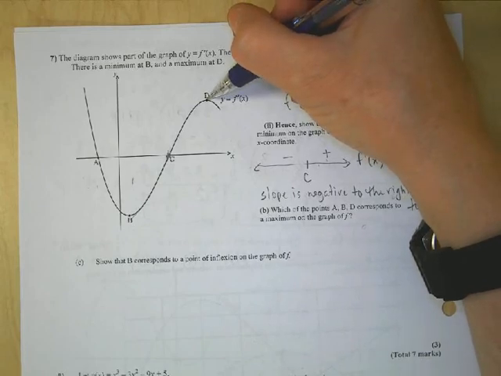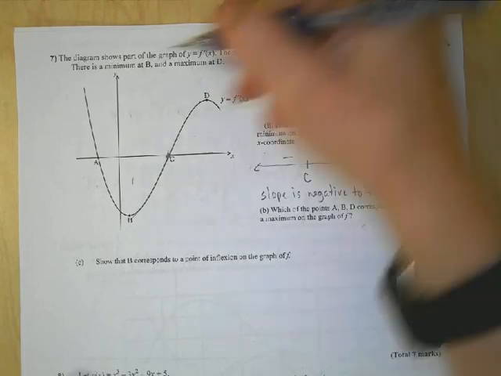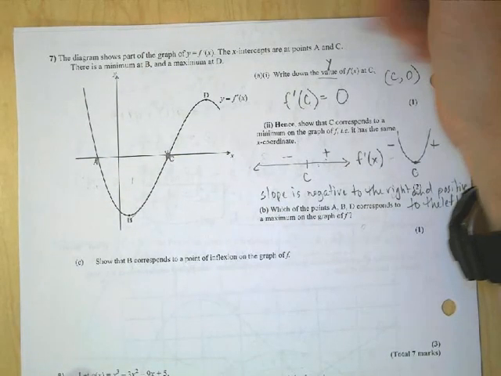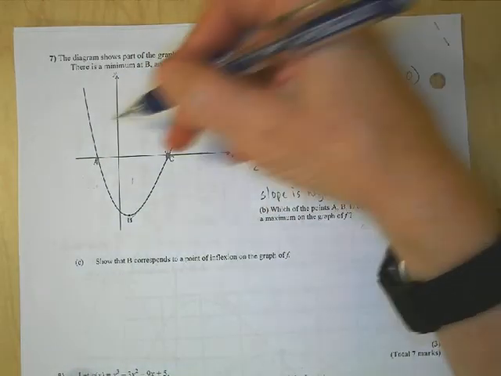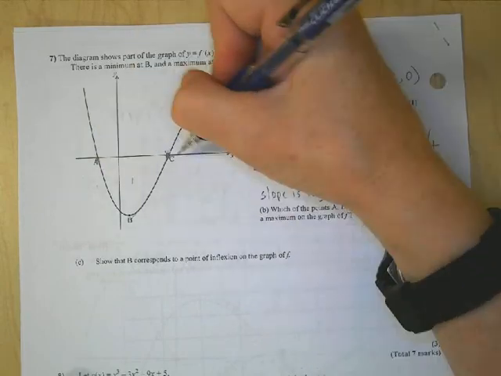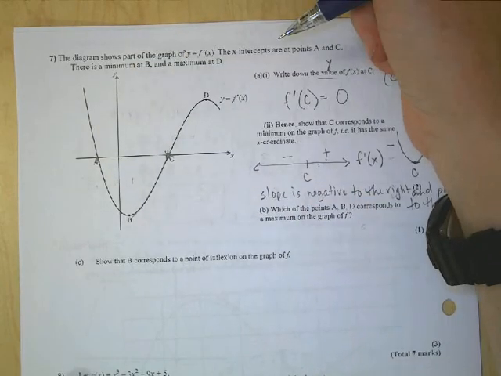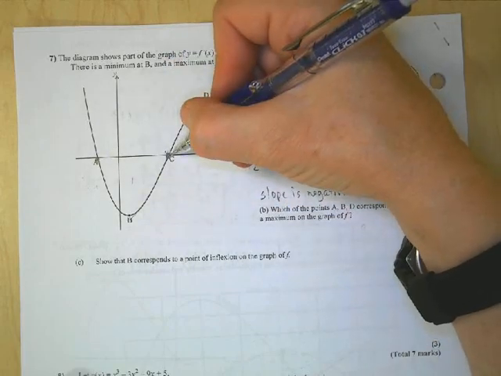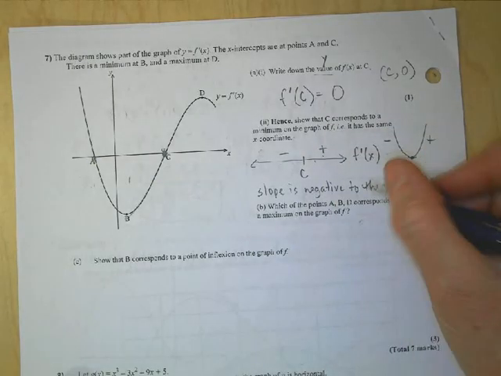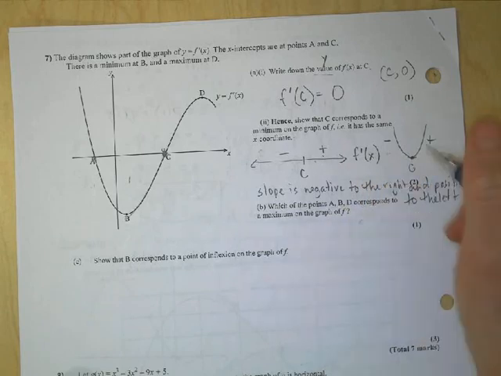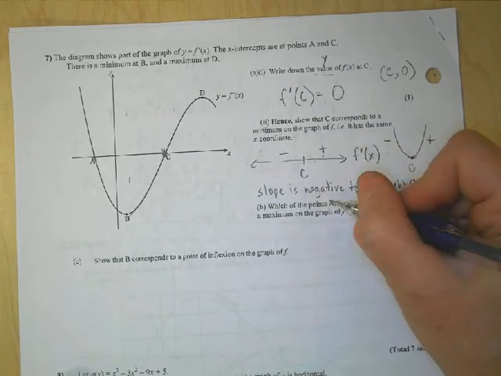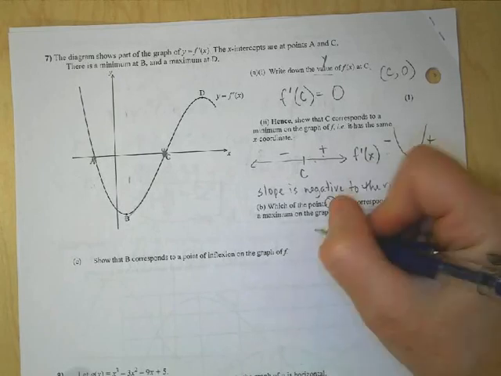So remember, the max and mins of the original function become x-intercepts on the first derivative. So a and c are my stationary points. They're the ones that have a slope of 0 on the original function. So my only choice here is a or c. And notice c is not a choice because we already know it's a minimum. So therefore it must be a. Which one is the maximum? It would be a.